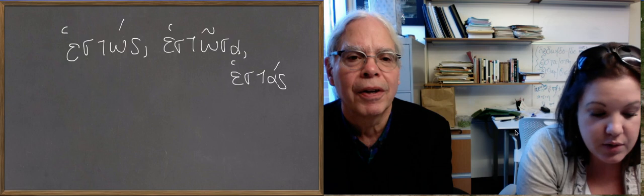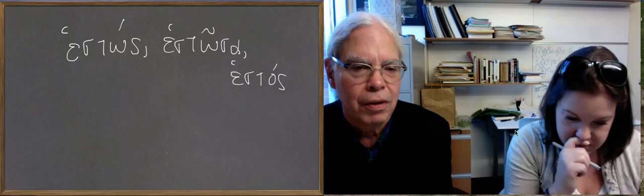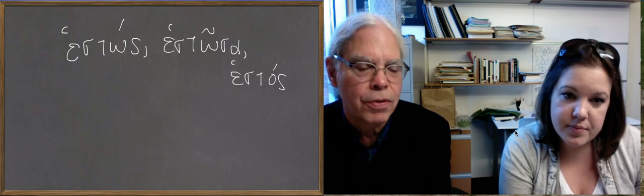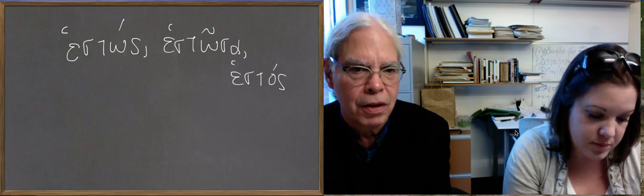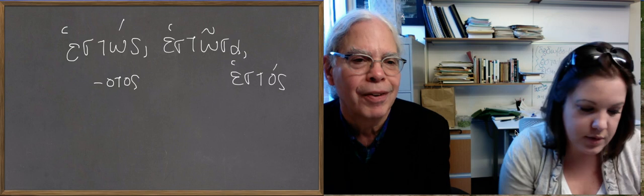Hestos is the neuter nominative and accusative, and then hestotos is the genitive, and so forth, with an omega, not an omicron. Sorry, my bad.